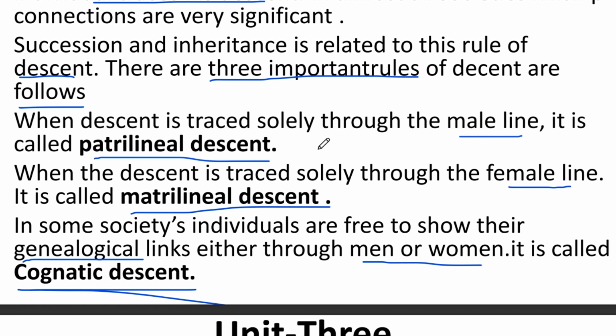So patrilineal is when you trace your family root through your father's side, and matrilineal is through your mother's side.